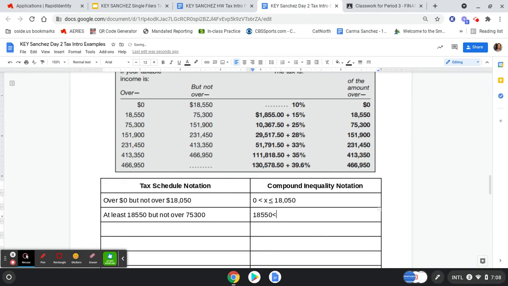Go find the less than. If you're writing this on paper, no need. And then is less than or equal to the 75,300.